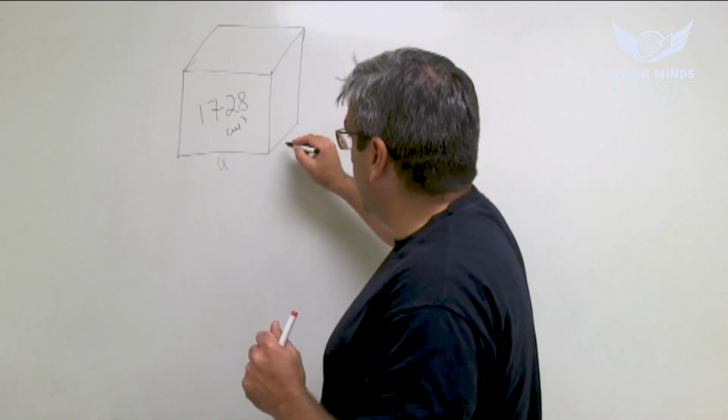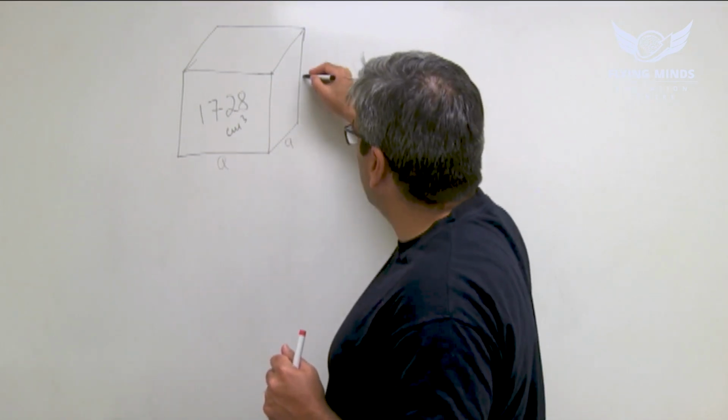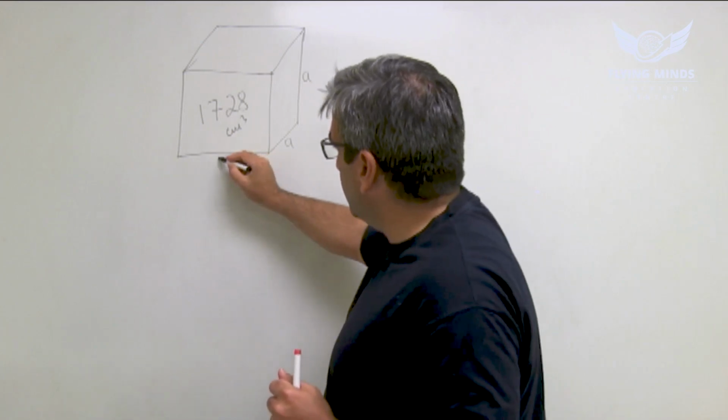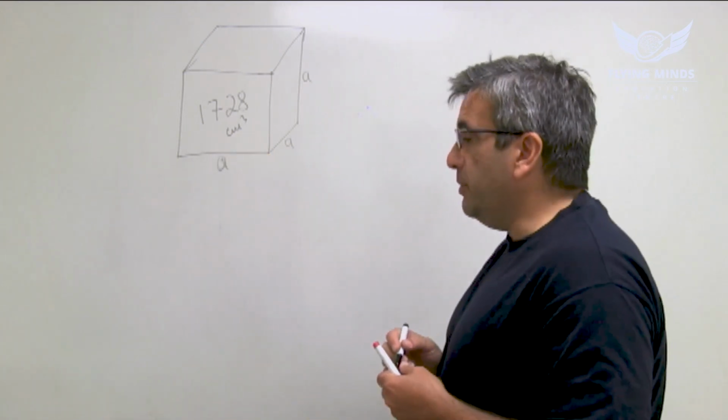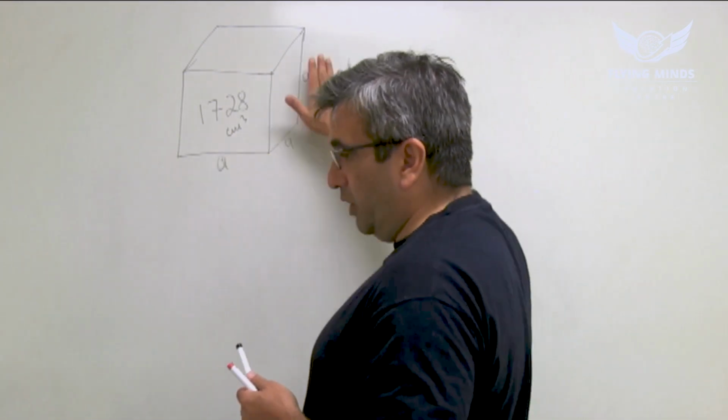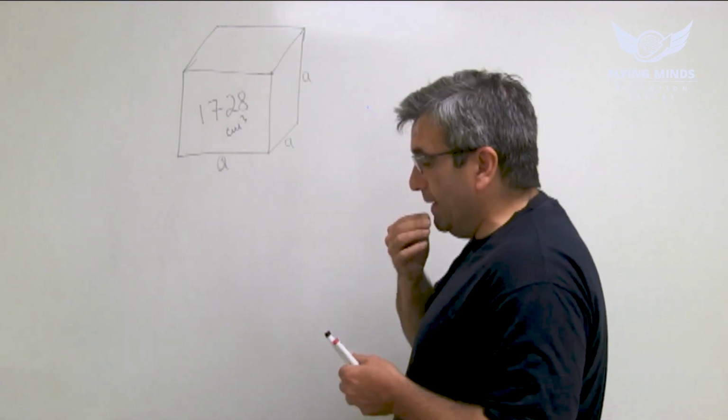If it's a cube, all edges must be equal, and we want to show that this is a cube.